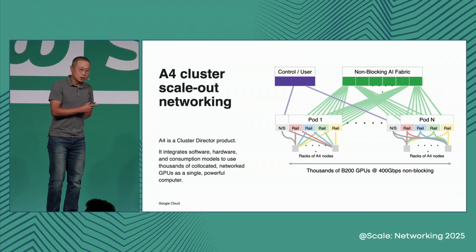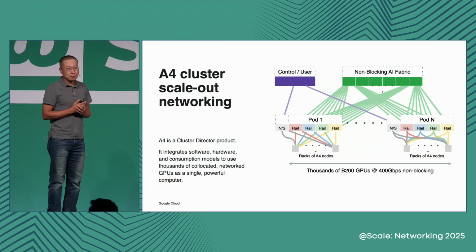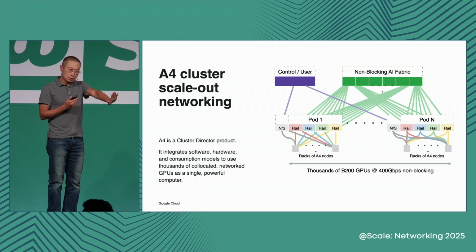So before we go into more details, let me give a high-level overview of our Google GCP product called A4. This is our latest GPU product built out of B200 GPUs. So we have pods, multiple racks of GPU systems here, and then it's connected to the front-end network, the purple portion here.